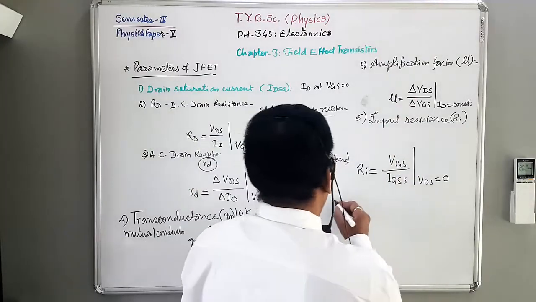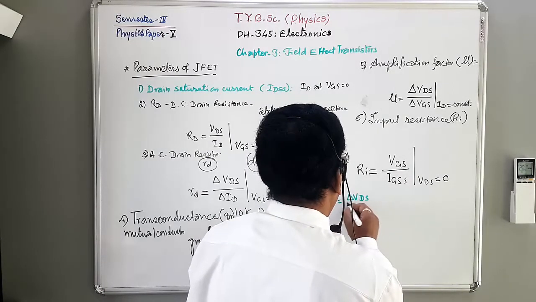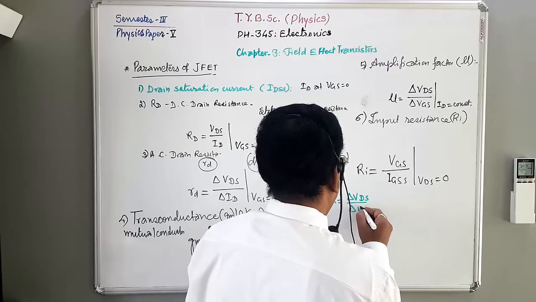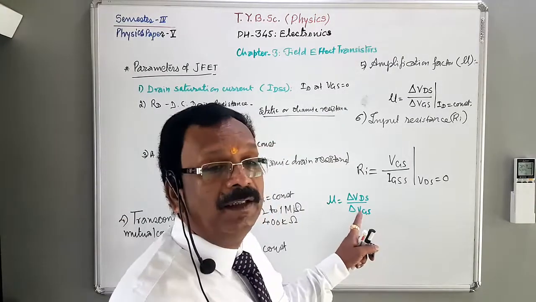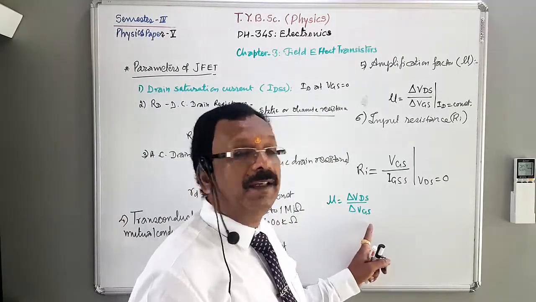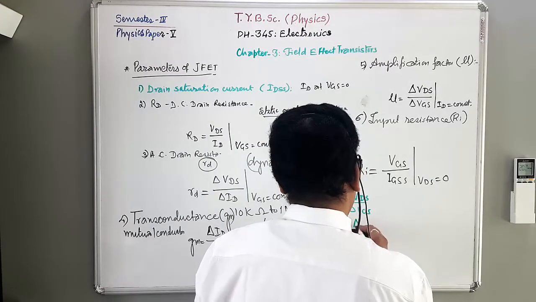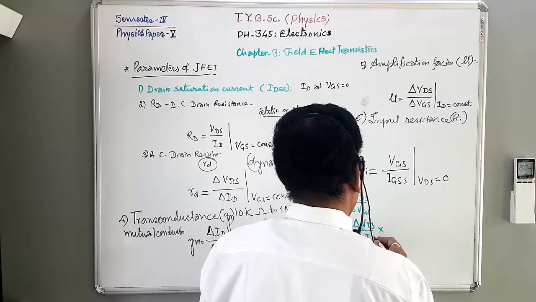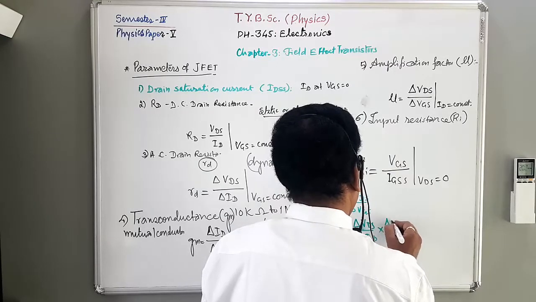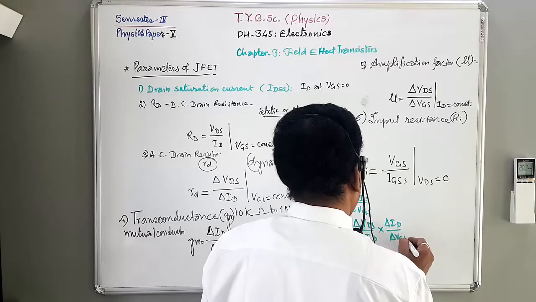Now, multiplying the numerator and denominator by change in drain current, that is delta ID, we get delta VDS upon delta ID into delta ID upon delta VGS.